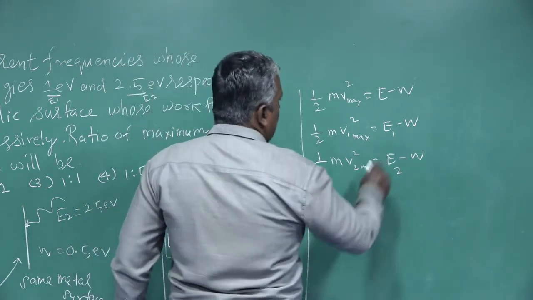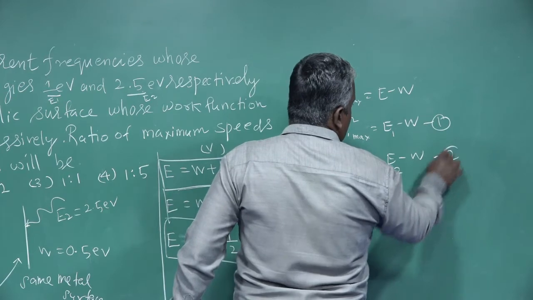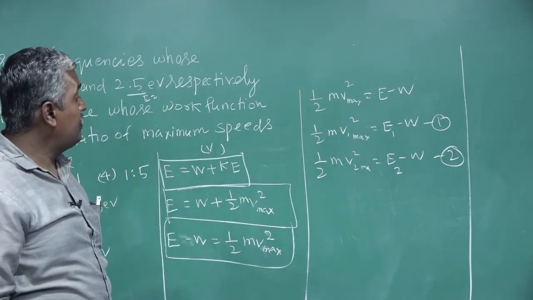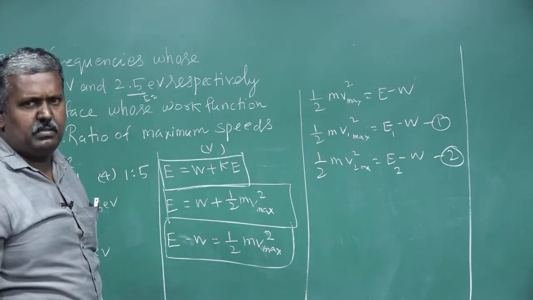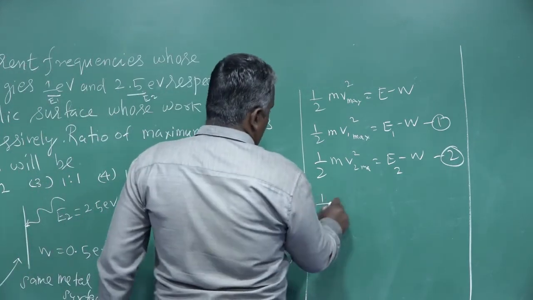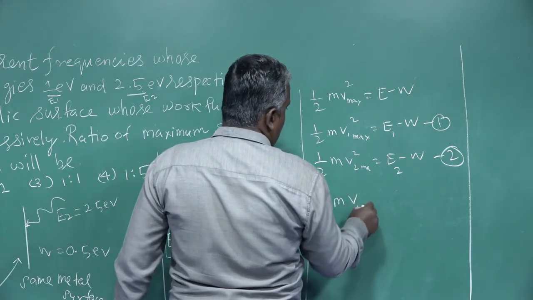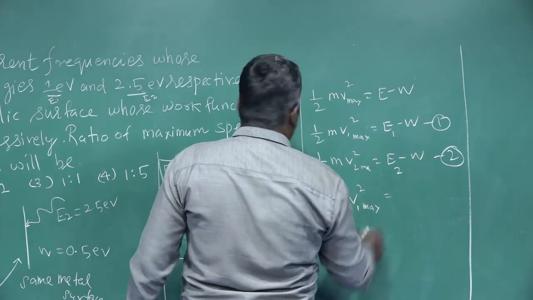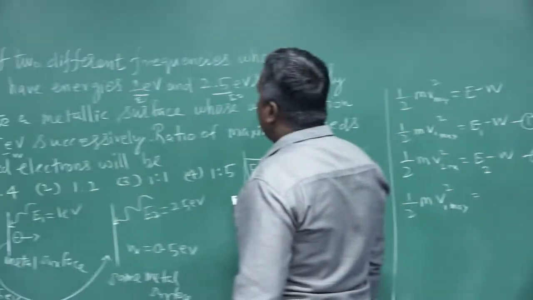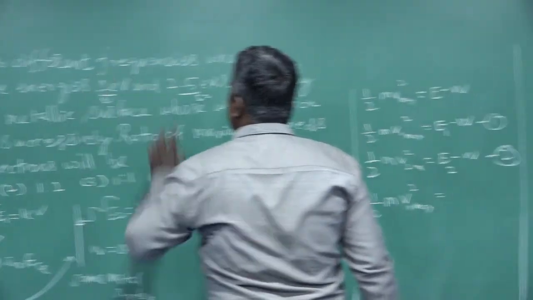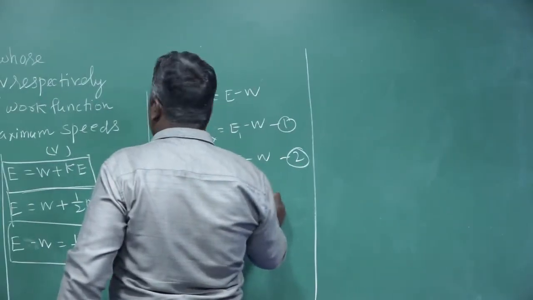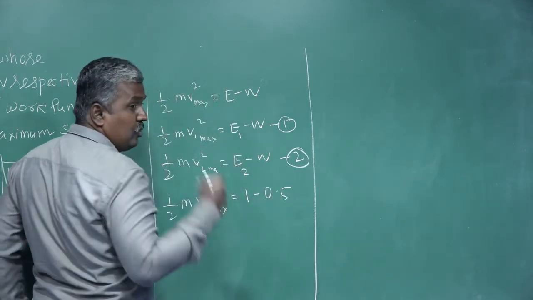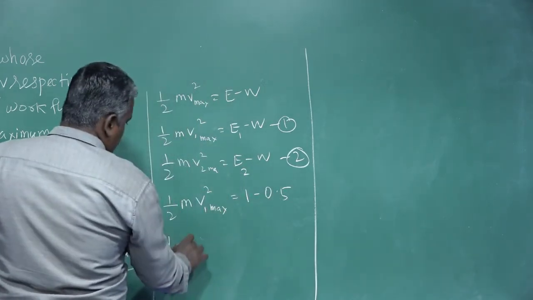So substitute the values in these two equations to get the ratio of the speeds of the two electrons emitted from the metal surface. The mass is the same, so leave it. E1 value? 1 electron volt. Work function value? 0.5 electron volt. Electron volt, no problem.